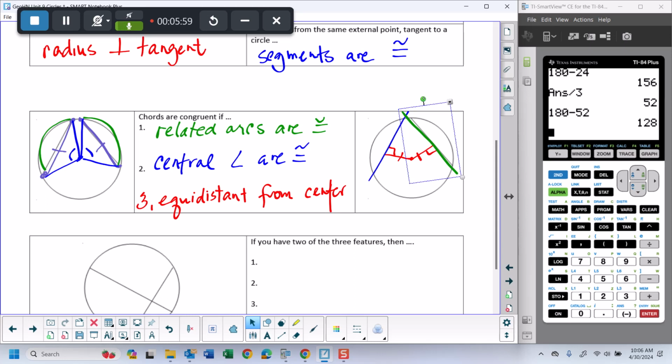Whatever distance they were pushed out, we have the same amount of hangover outside the circle. So those chords are going to be the same.